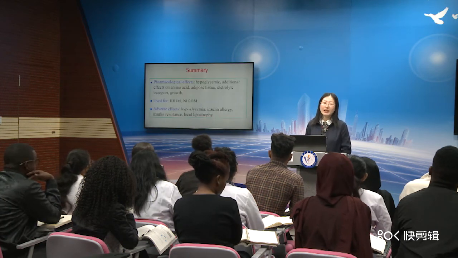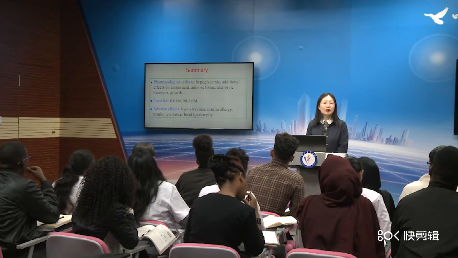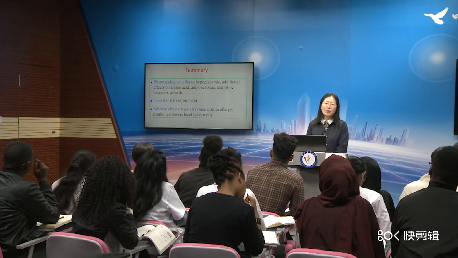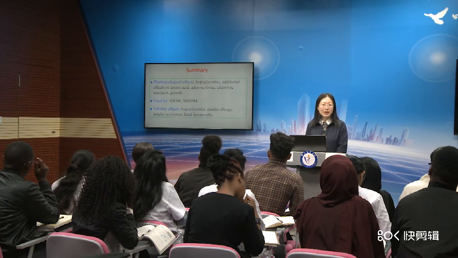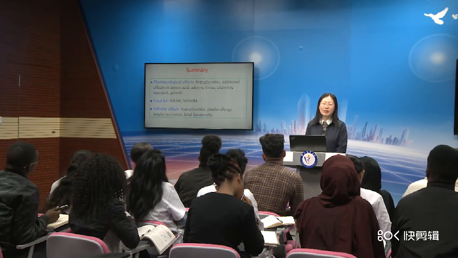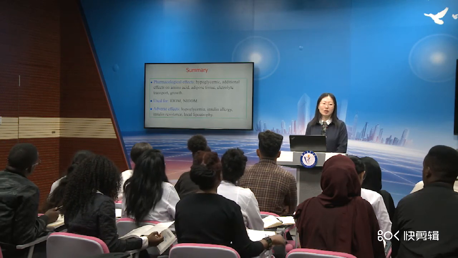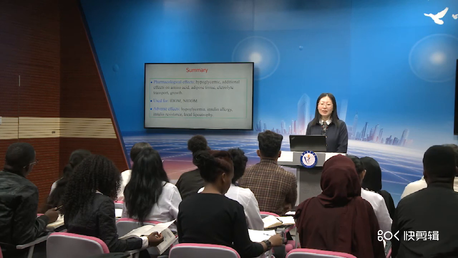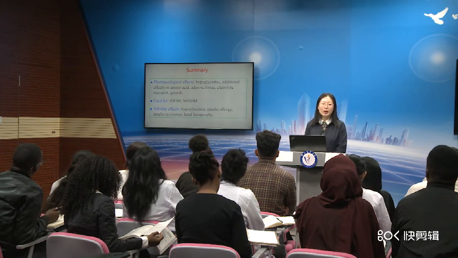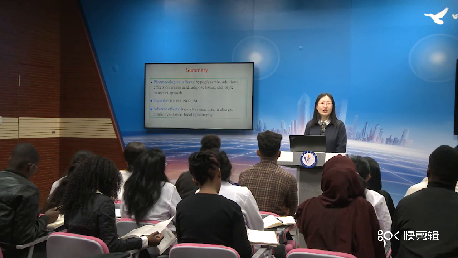Okay? So let's summarize this chapter. Today we studied the drugs used to treat diabetes mellitus. The first kind, insulin. We studied insulin's physiological function and pharmacological effects, including hypoglycemic action and additional effects on amino acid, promoting protein synthesis, promoting growth, and increasing intracellular potassium. And we use insulin to treat IDDM patients as the only agent.